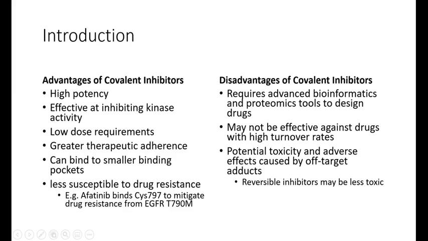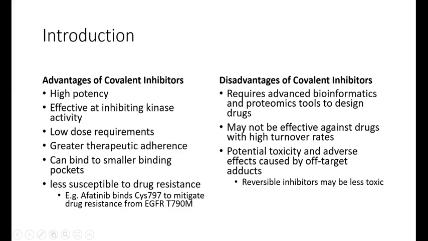The high potency of covalent inhibitors allows them to completely inhibit enzymatic activities. This also means lower doses are required to achieve their intended therapeutic effects. Because irreversible or long-lasting covalent binding allows for an extended duration of therapeutic effect, covalent inhibitor drugs may be taken less often.